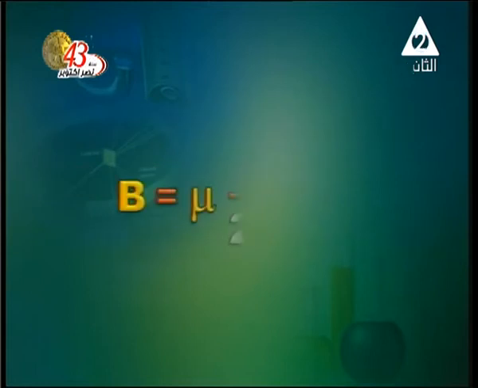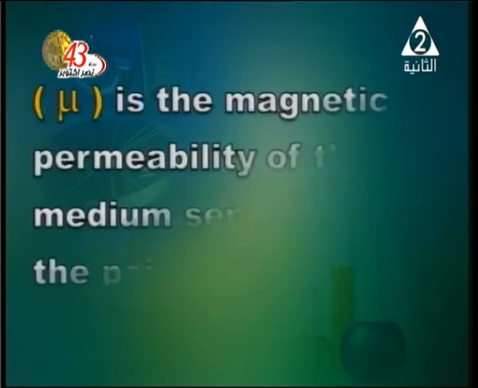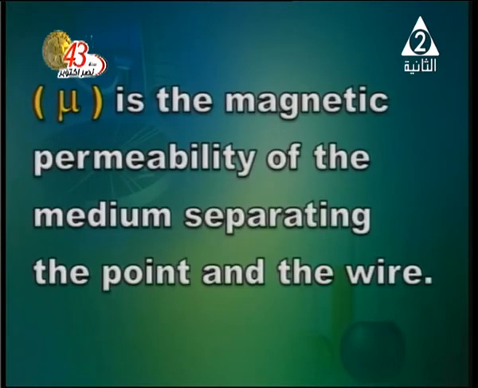B is given by B = μI/2πd. I is the current intensity, d is the normal distance between the point and the wire, the point at which you want to calculate the magnetic flux density, and μ is the magnetic permeability of the medium separating the point and the wire.